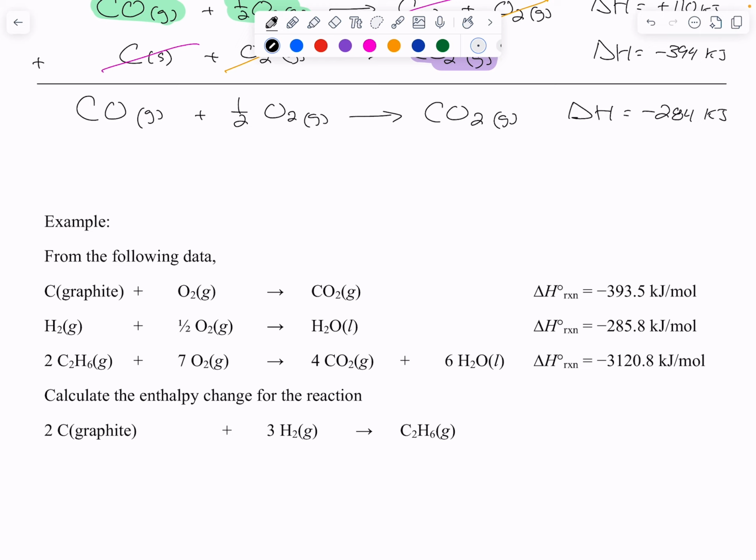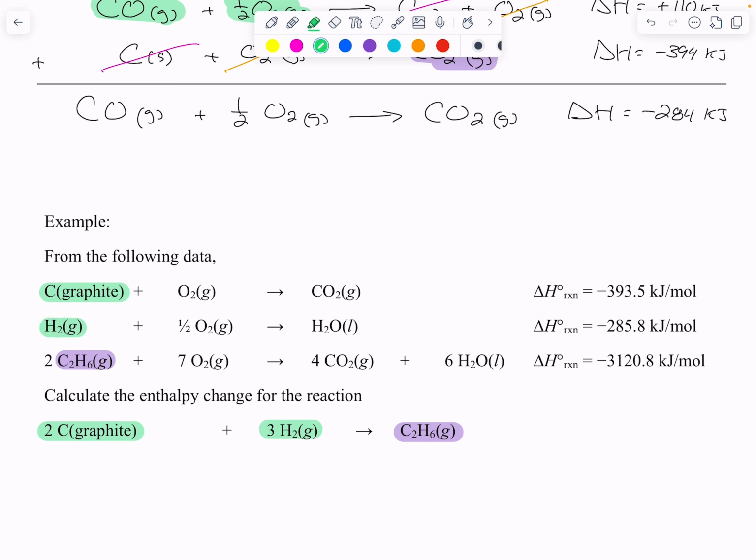All right, I hope you paused and came back. So we're calculating graphite, hydrogen gas, going to C2H6, which is ethane. So I look for my C2H6, it's there. All right, and I look for my other reactants, H2 and 2C, there's graphite, and H2 is there.